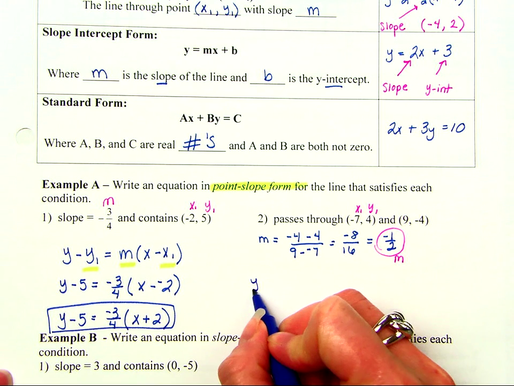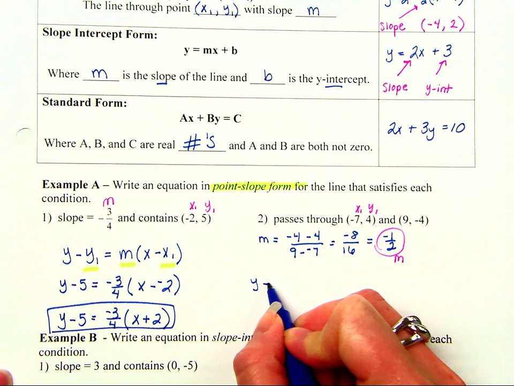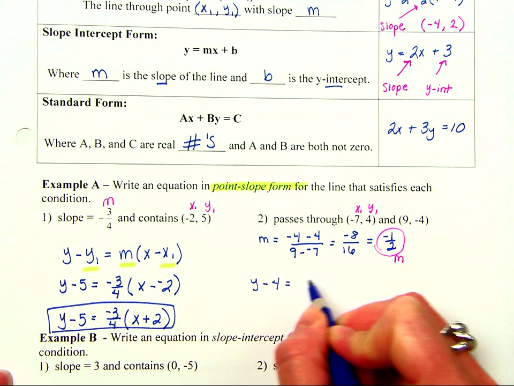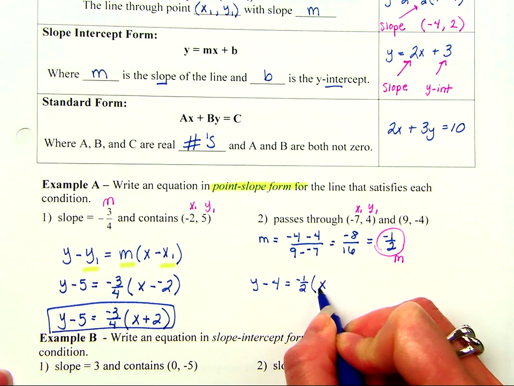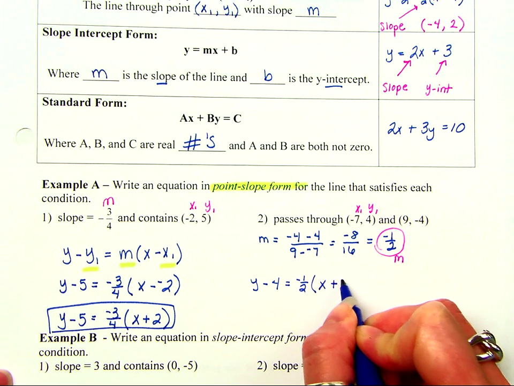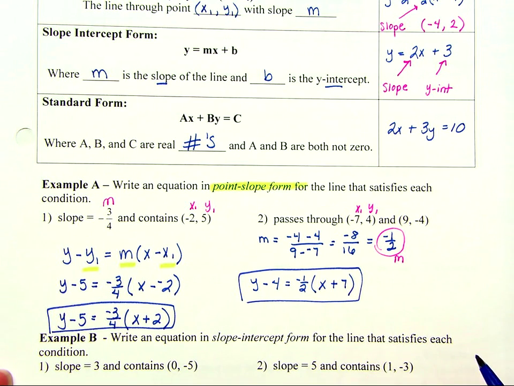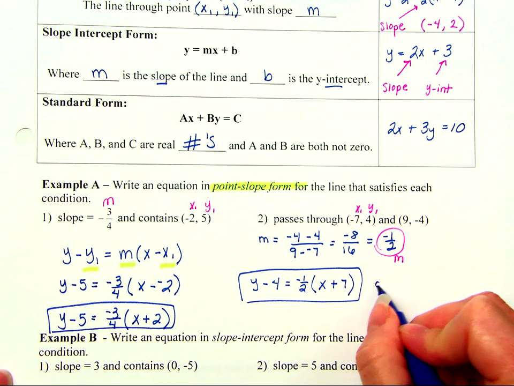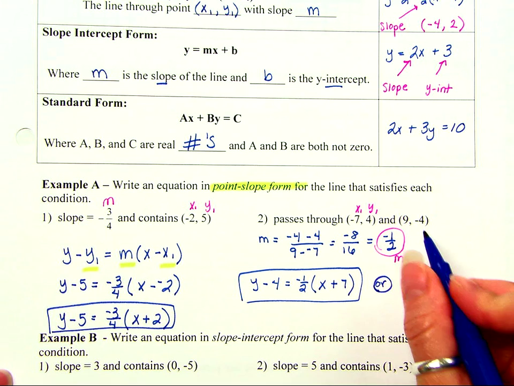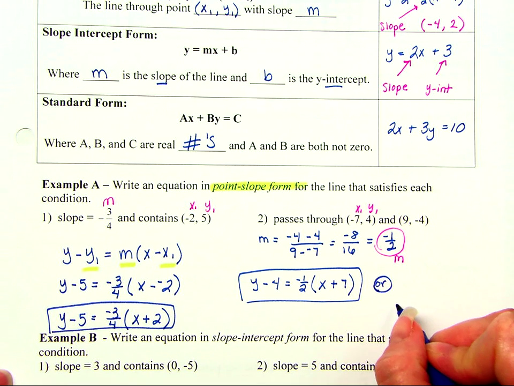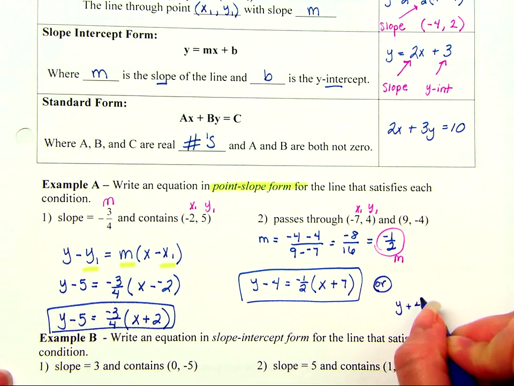If we pick the first one, we would end up having y minus 4 equal to negative 1/2 parenthesis x minus negative 7, in point-slope form. But again, as I said, you could have picked the second point, and if you pick the second point, your equation would look something like this.